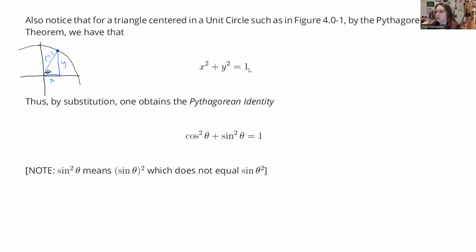But if we say that R is 1, then it'd be 1 squared, which is just 1. So that's where this comes from. That's very important. So it's kind of like if this, then this. So if we're looking at this picture, then this is true.